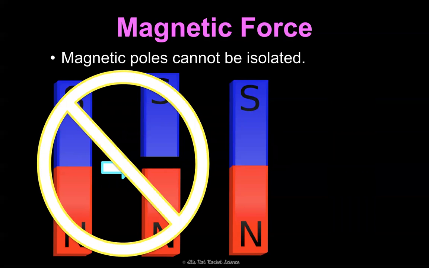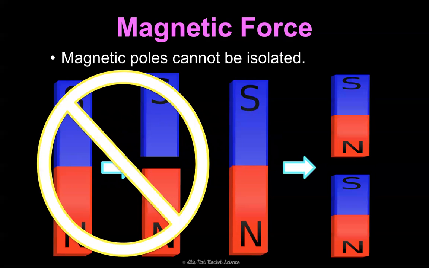If we break this bar magnet apart, we end up with two smaller bar magnets, both with south poles and north poles, because the charges repulse within the magnet itself. So they're going to align themselves no matter what size the magnet is into opposite ends.